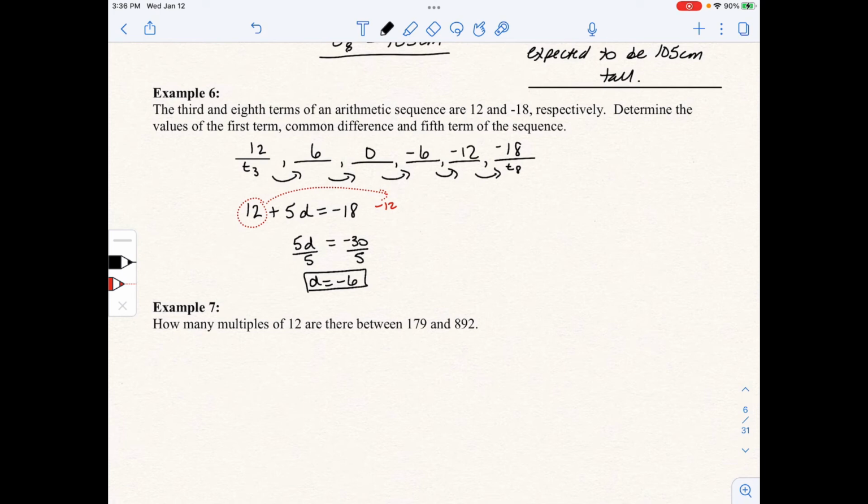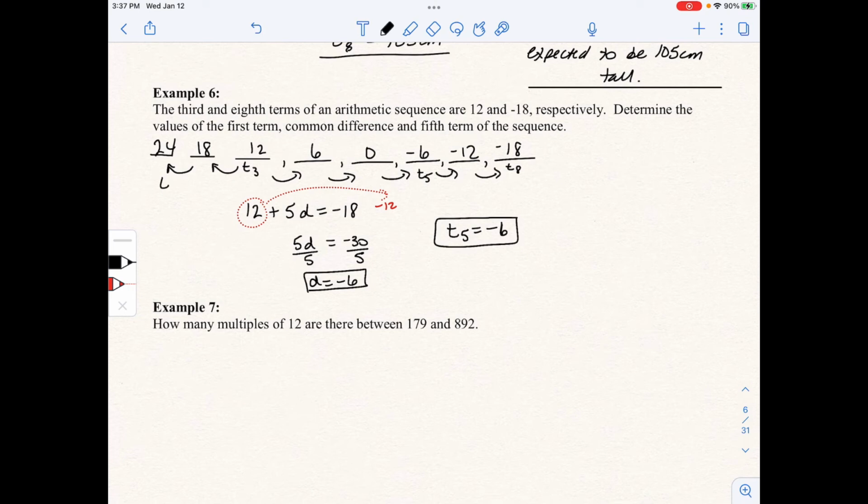So that was the third term. We filled in everything else. We found our common difference. Okay, we had to find our difference, which was negative 6. The fifth term, we just found, which is T5, which is negative 6. And then, of course, going backwards to find our second and first term, we would add 6.